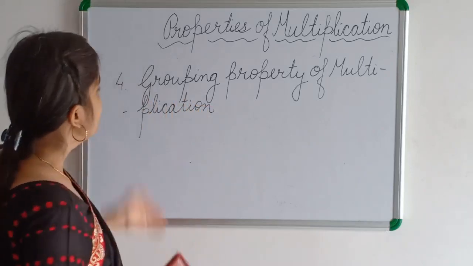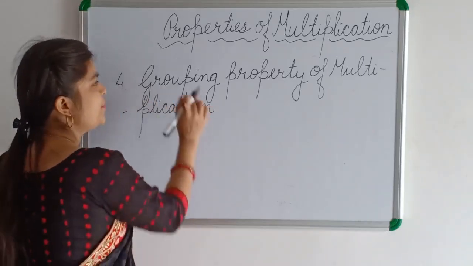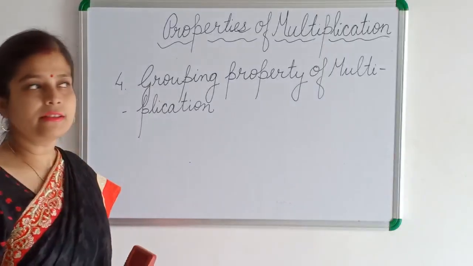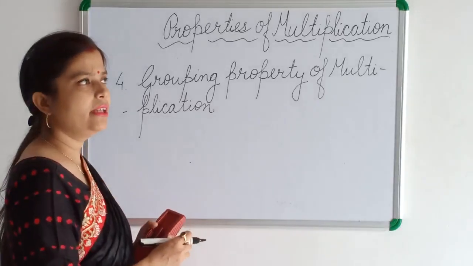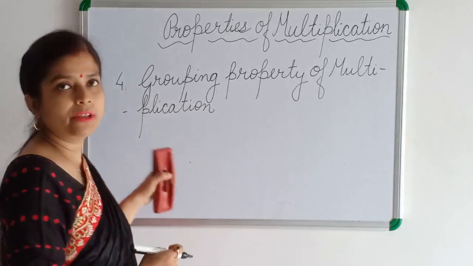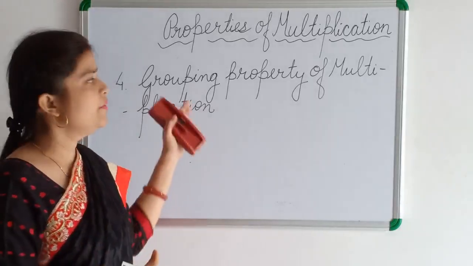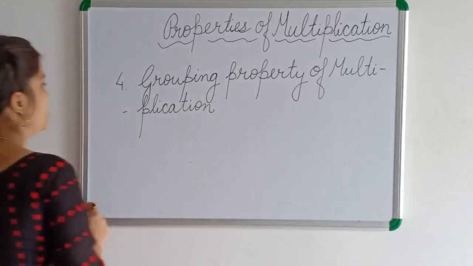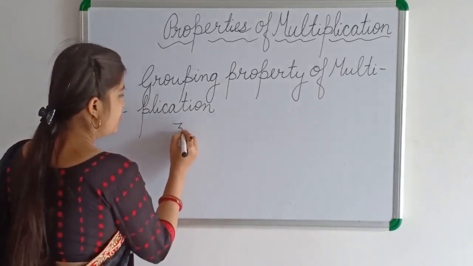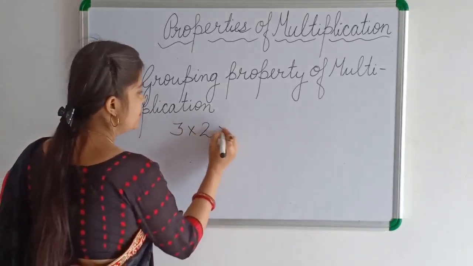When we are talking about the grouping property, we will take a group of 3 numbers. We will multiply more than 2 numbers: 3, 4, 5. Then only we will talk about this property. So for example, we are multiplying 3 numbers: 3 into 2 into 5.